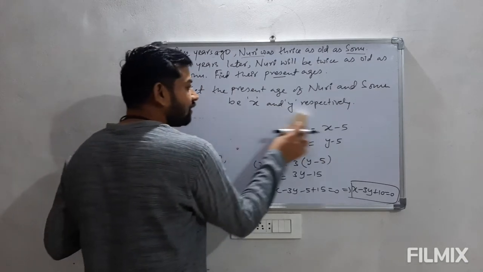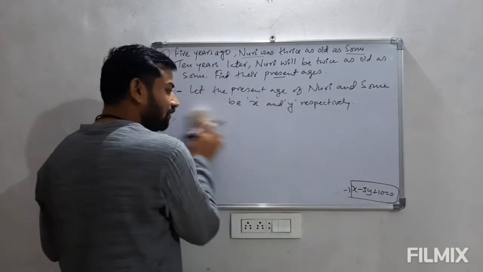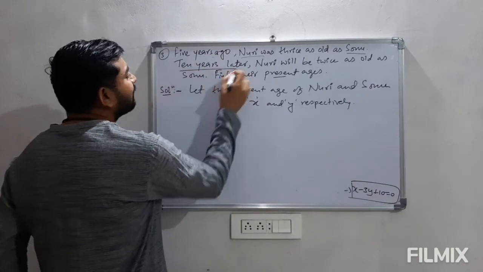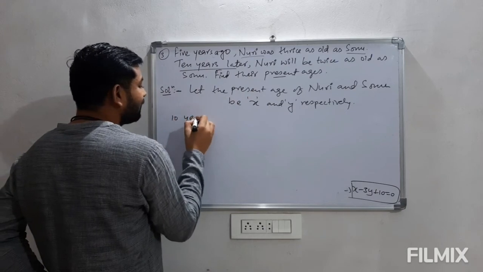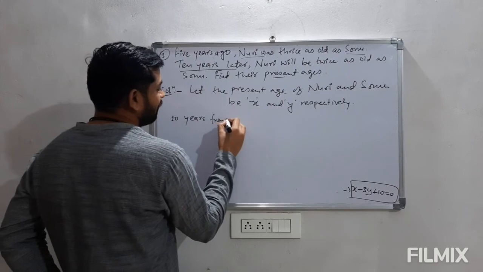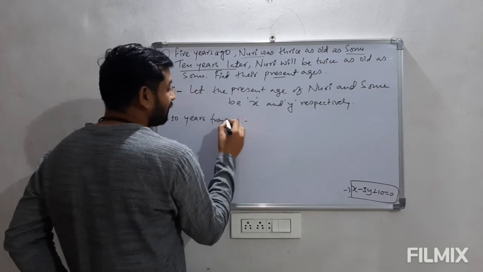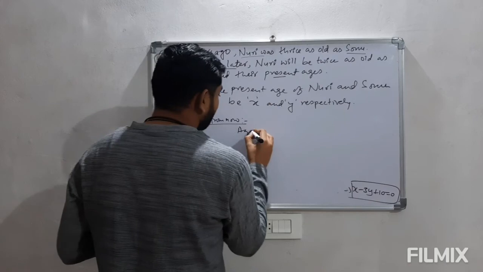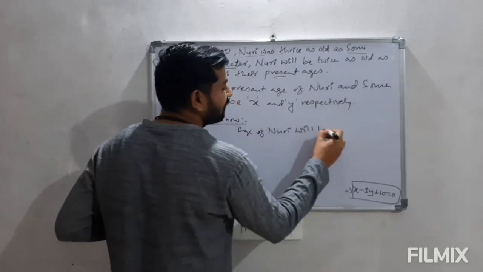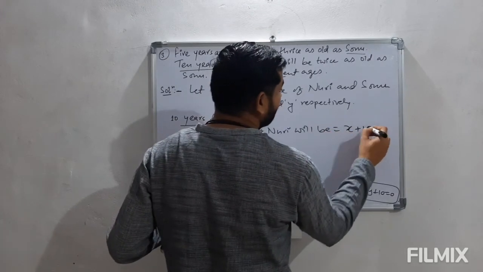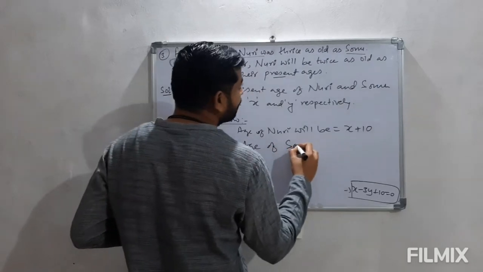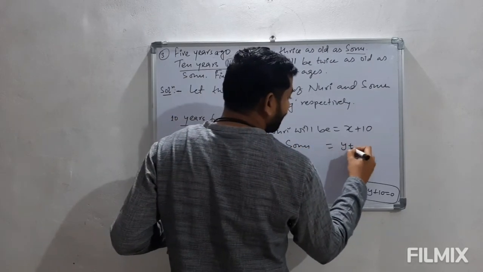Now let me come to the second case here. Then we have to go 10 years later. So 10 years later means 10 years from now. आज से 10 साल बाद एज ऑफ नूरी will be, now it is x, so after 10 years it will be x plus 10, and that of Sonu it will be y plus 10.